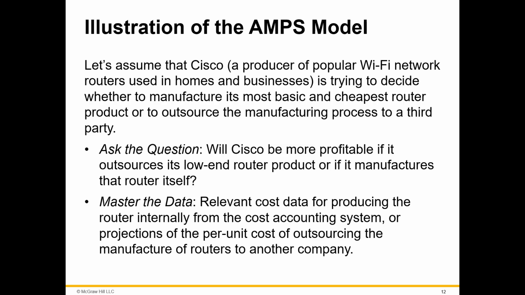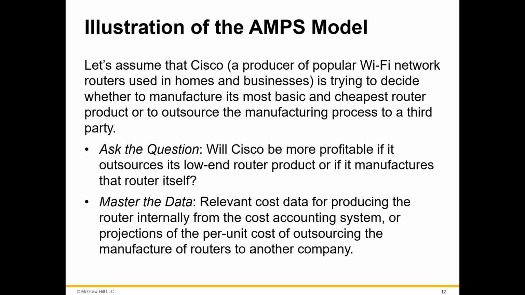As an illustration of the AMPS model, let's assume that Cisco, which makes many of the routers used in homes and businesses, is going to decide whether to manufacture its own most basic and cheapest router or to outsource the manufacturing process to a third party. So the question is, will Cisco be more profitable if it outsources its low-end routers or if it manufactures them itself?